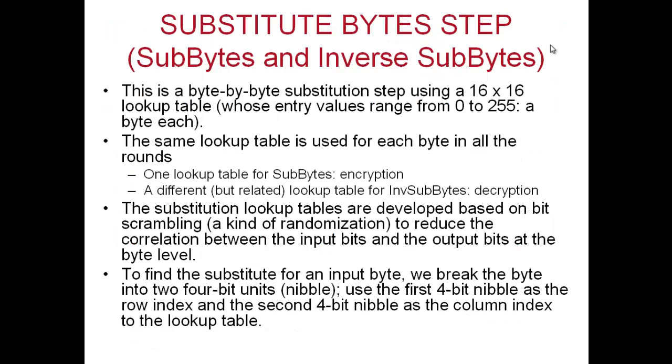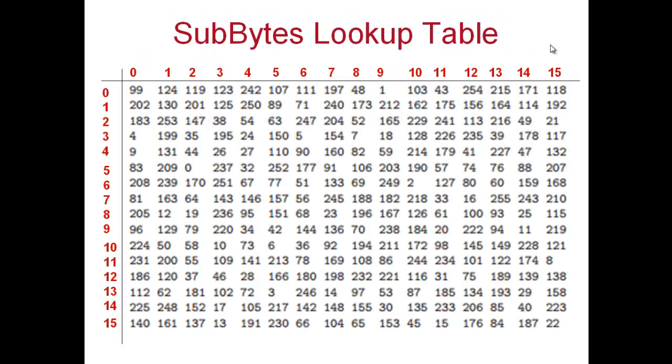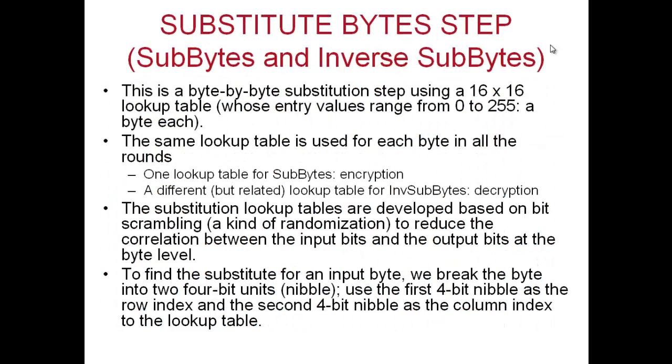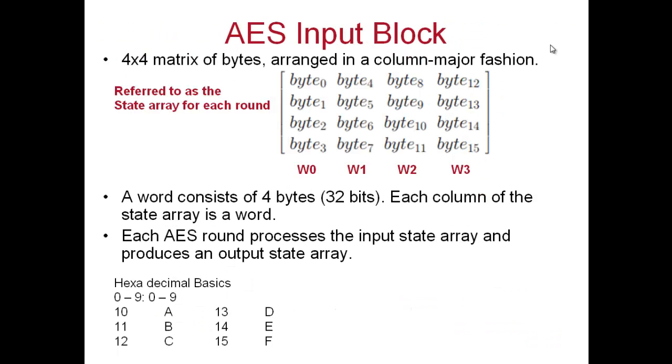Okay. So now let's go through each of the sub-steps. The substitute byte step, or the inverse substitute byte step which is done in decryption, is very simple. As I said, we'll have the state array, which is a 4x4 array. Each element in that array is a byte. So we will substitute each byte in the state array with another byte.